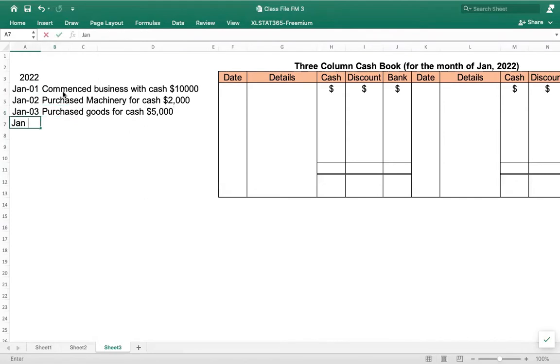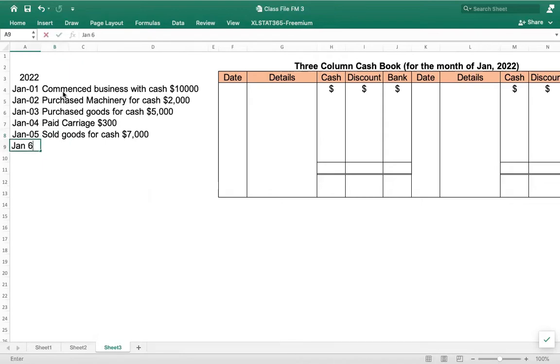Jan 4th, paid carriage $300. Jan 5, sold goods for cash, let's say 7,000.